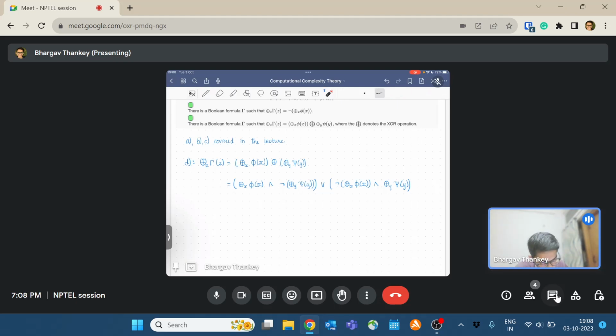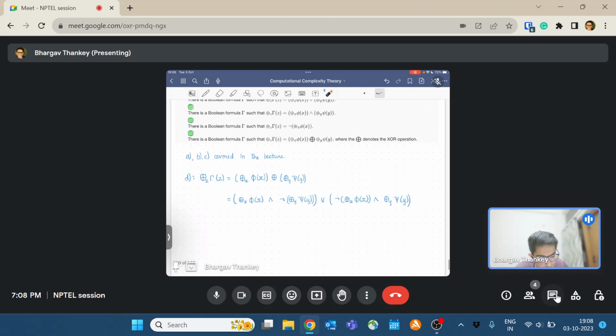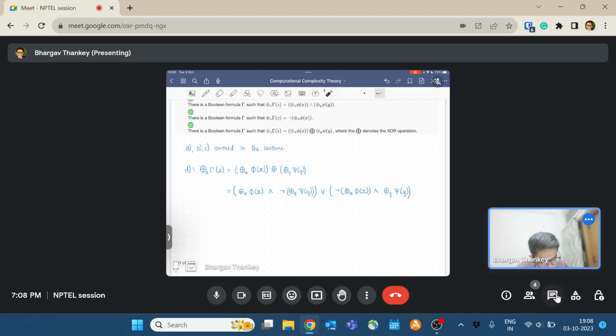Now let's see how to construct these two formulas separately and then we'll combine them. First we want to construct a formula which is equivalent to not parity_y psi(y), right? That we already know how to do from option C. So this we can construct, and then we want to construct a formula which is the AND of these two.